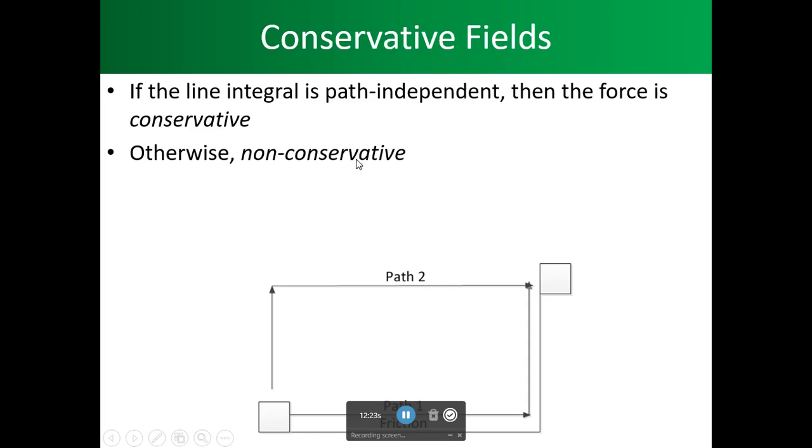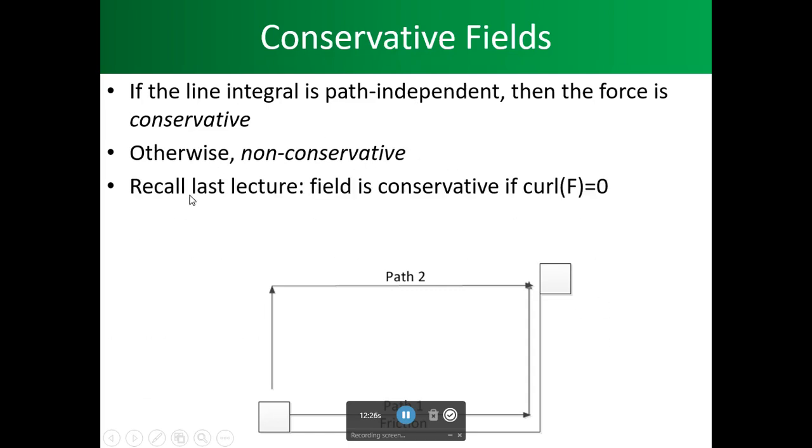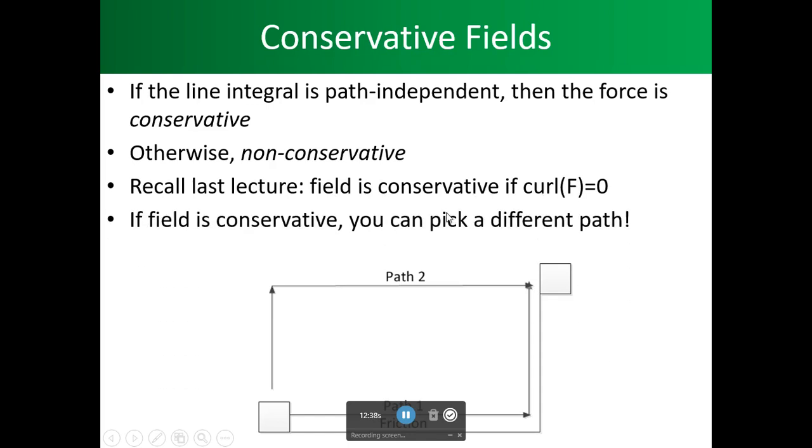Otherwise, non-conservative. Recall last lecture, a field is conservative if what? If the curl of the function equals 0. If the field is conservative, that means it has what? Paths that are independent of each other. You can pick whatever path you want.